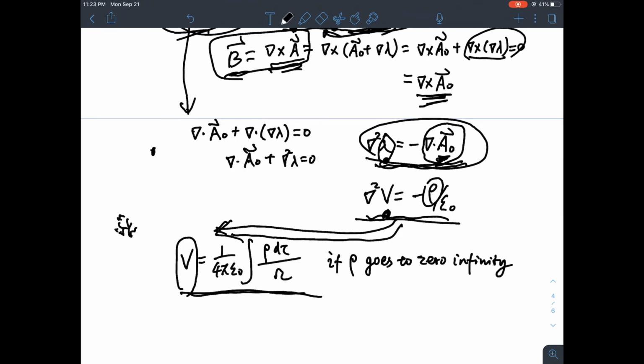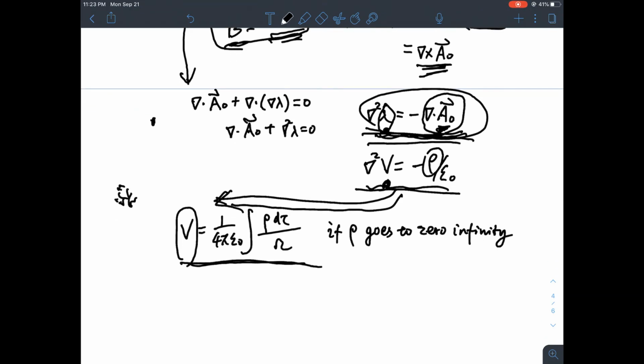Now if you look at this and this, they are very similar, and you can see that lambda is really just 1 over 4 pi, because this one has epsilon 0 here, and now you can think of epsilon 0 as 1.